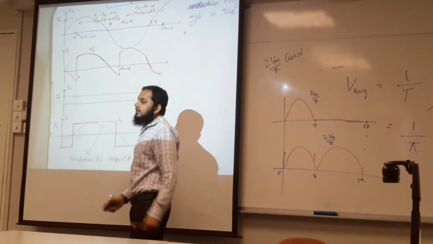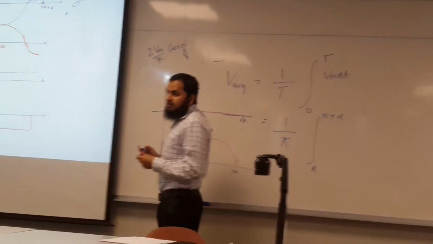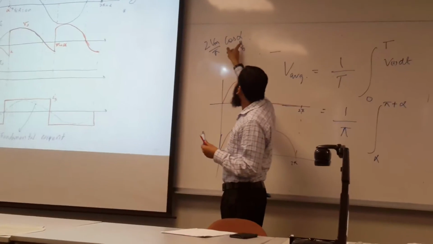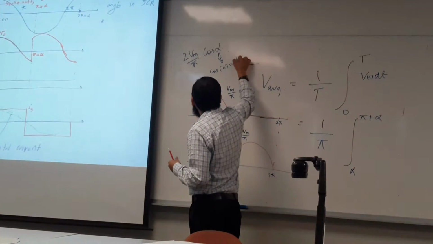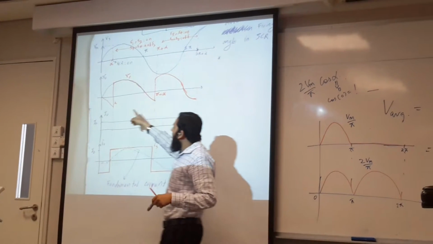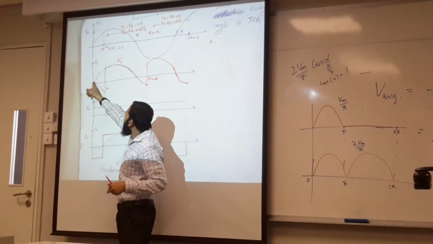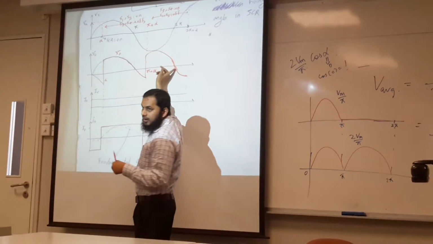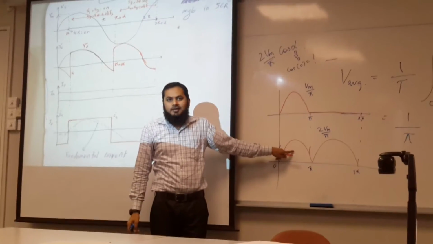So if you put alpha equals 0, cos 0 will be 1, so it will become 2Vm by pi. That means if the angle were 0, this waveform would become like this, the same as this one.